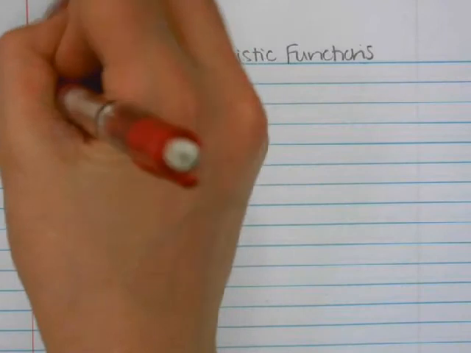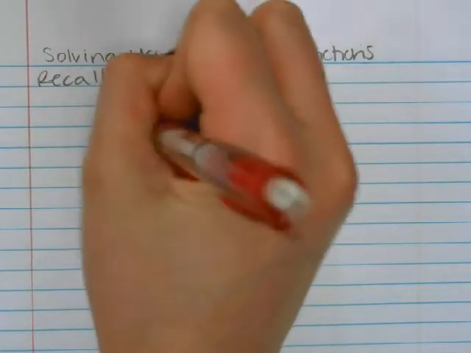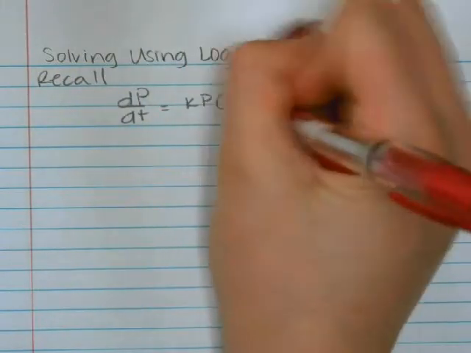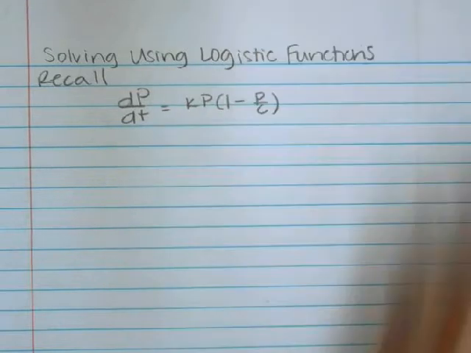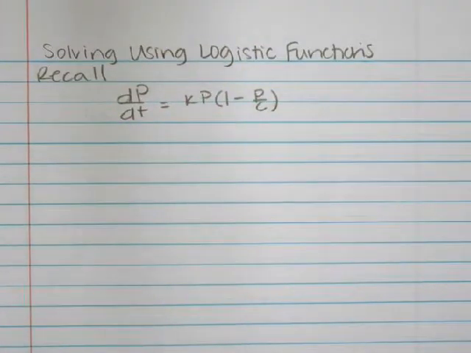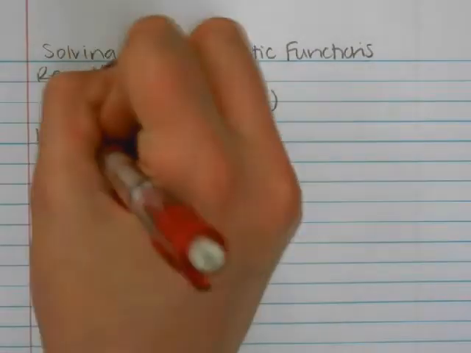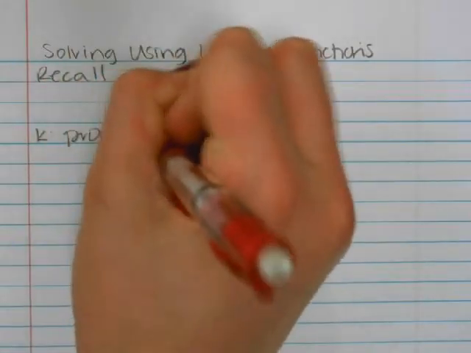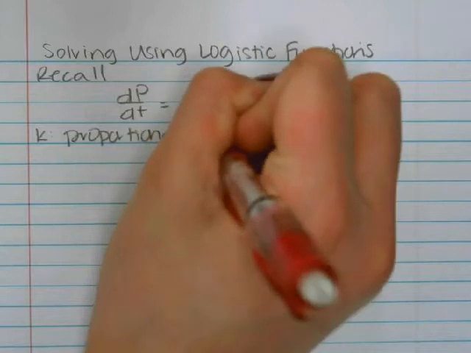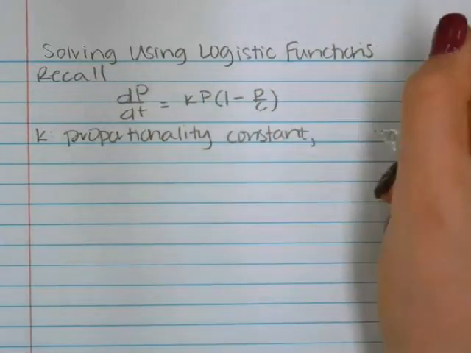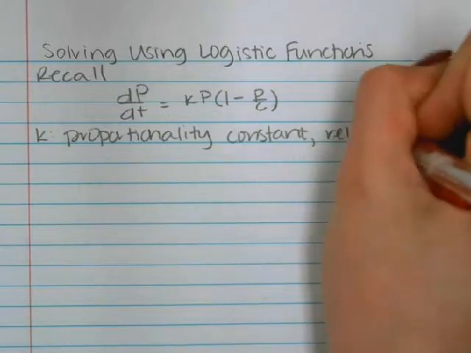So we want to recall, this is review, that dP/dt is k times P multiplied by 1 minus P over C. So we've dealt with this before. This is the differential equation. We know that k is the proportionality constant, and what I really mean by that is it's the relative growth rate.